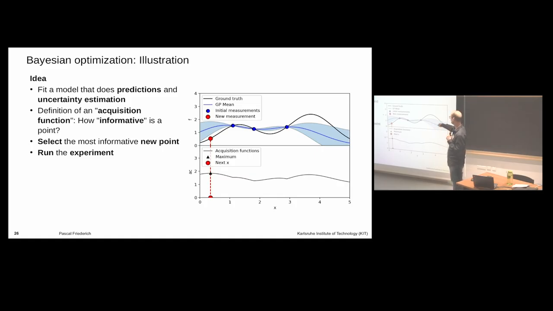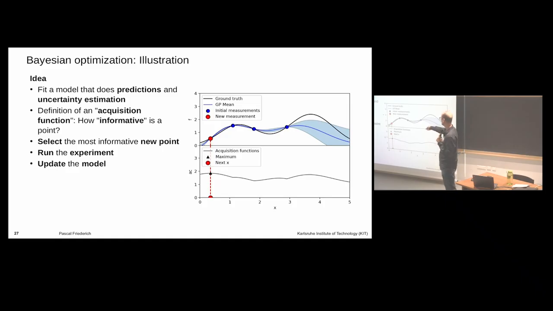So if we now fit a model to not only 3 data points, but to the 4th data point as well, then this model will look very different. So it will basically reduce the uncertainty in this region quite a lot. So we know now that this region, by just doing one additional experiment, is kind of excluded from being interesting at all.